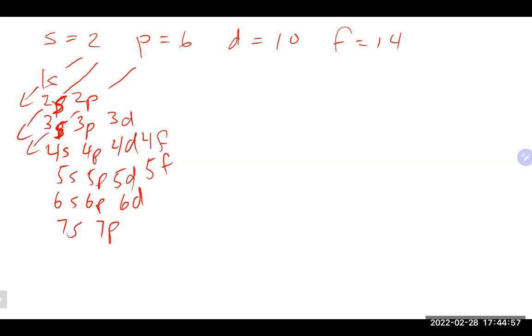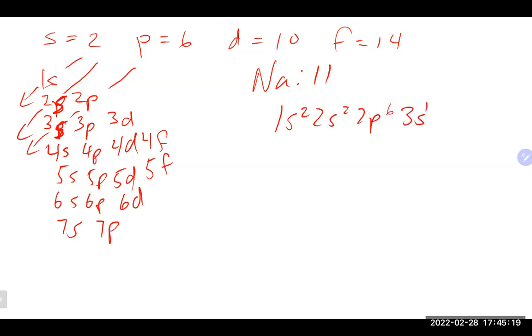We talked about, I think at the very end, a shorthand you can use with electron configuration, and that involves noble gas configuration. For example, sodium, which is 11, is 1s2, 2s2, 2p6, 3s1.